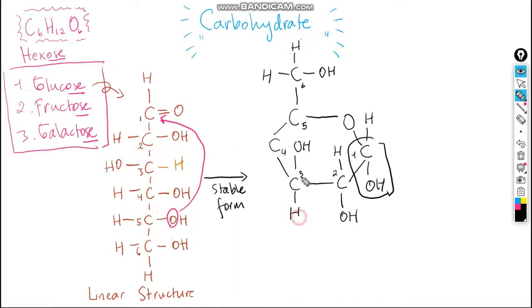Now it has the hydroxyl group at the upper part, and carbon number 2 has it in the lower part. Back to carbon number 4, still the same like this. So the OH will be here, and finished. So this is the ring form of glucose. This is the stable form.